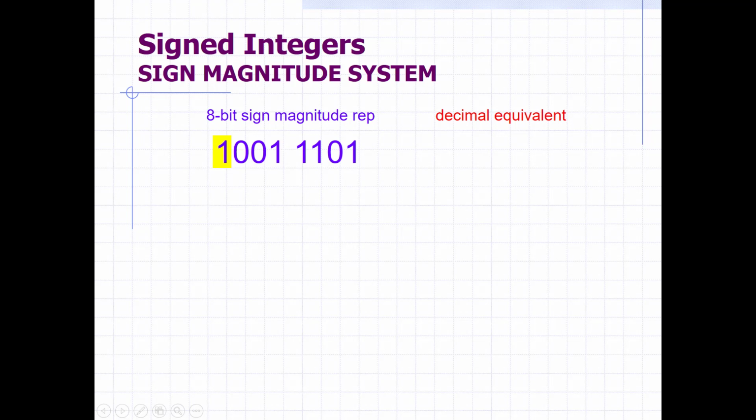So here's an 8-bit number, and I know it's a negative number because it starts with a 1. So the first bit is your sign, and the rest of it is its size. So we have 1, 2, 4, 8, 16. So this number ends up being negative 16 plus 8 plus 4 plus 1, which is negative 29.